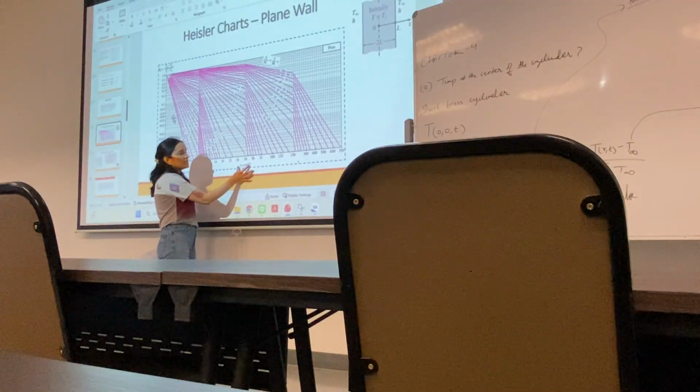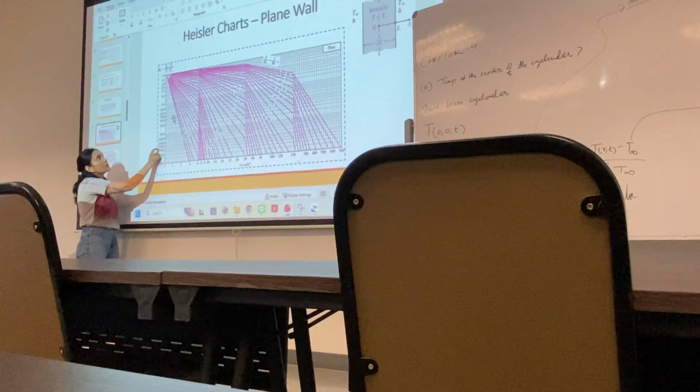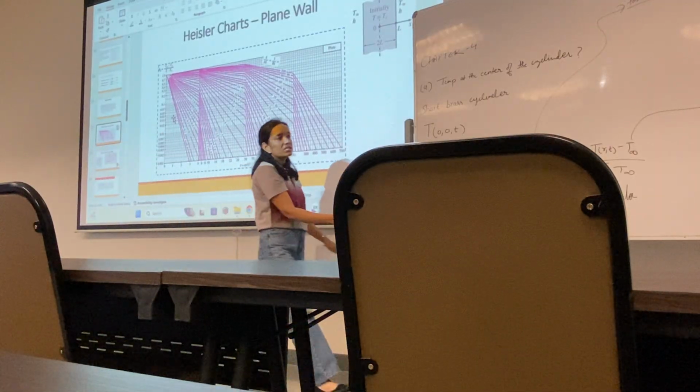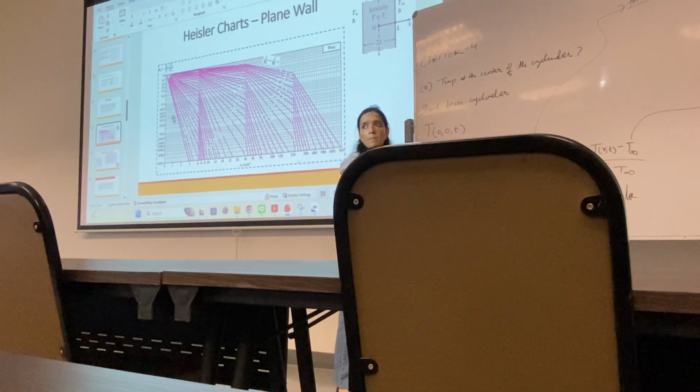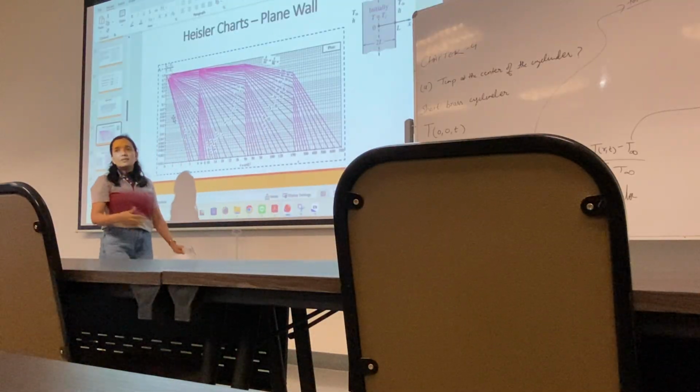If I calculate this and this, I can have this, right? This is for the plane wall. So I can have this value from the Heisler chart. Understand? This is the easier way.